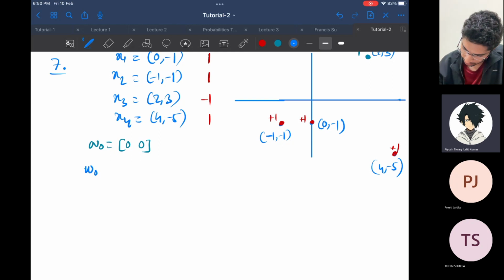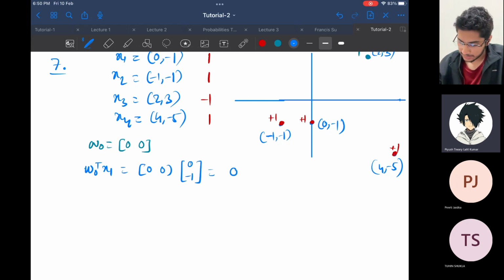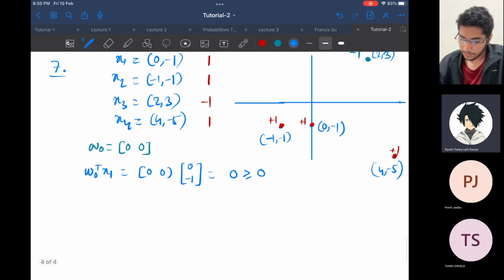So let us see what is w naught transpose x1, which is 0 0 times 0 minus 1. This will be just 0, right? And since 0 is greater than or equal to 0, remember the perceptron algorithm: when we have a positive label, we check if the output is greater than or equal to 0.